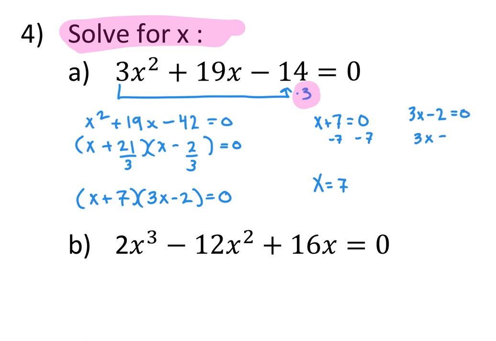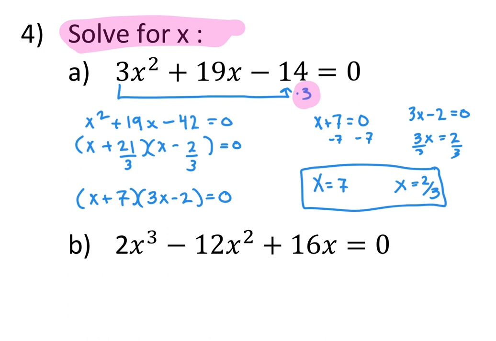So we add the 2 over and divide by 3. We get x equals 2/3. So those are the two solutions of my polynomial. Now we can check and see if we've done these problems right by simply plugging them in to see if it works or not.